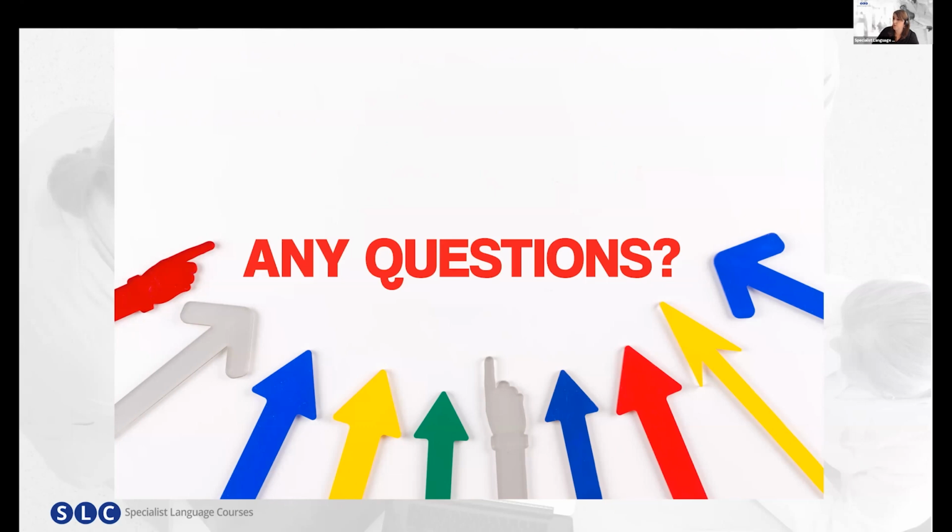Okay, so we have a question. What if the task on the task card and the verb is to give advice only, but then in the role play you give strong advice? Is that okay? So it depends on the situation and it depends on the reaction of the patient. For example, if you are giving advice to a patient on medication, then you may need to use strong advice phrases, in which case that's fine, even if it says advise on the card.